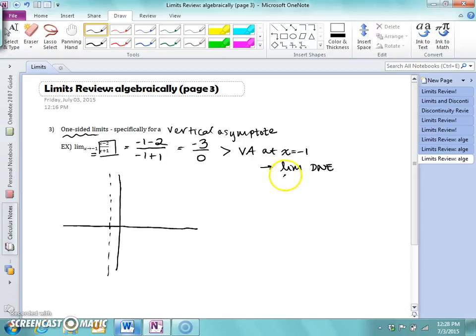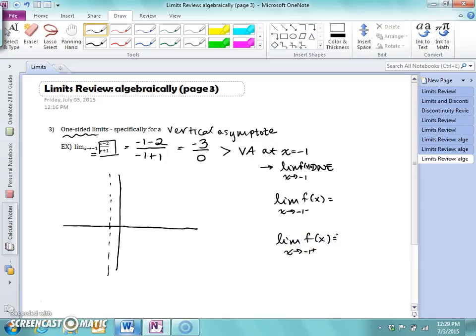So although the overall limit as we approach negative 1 doesn't really exist, because as we see the graph is unbounded there, it shoots up and it shoots down, we can look at the one-sided limits and talk about those. So the limit from the left and the limit from the right.